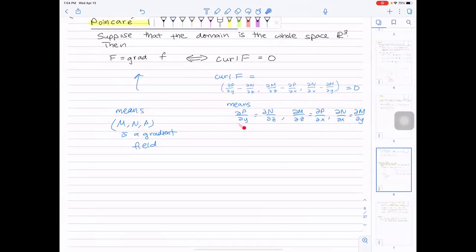It's the component test, right? When we were checking if something is a gradient, we checked whether all of these equalities hold. If they were equal, we saw that it is a gradient field. So this if and only if is true because it's the component test. It's exactly what the component test says.